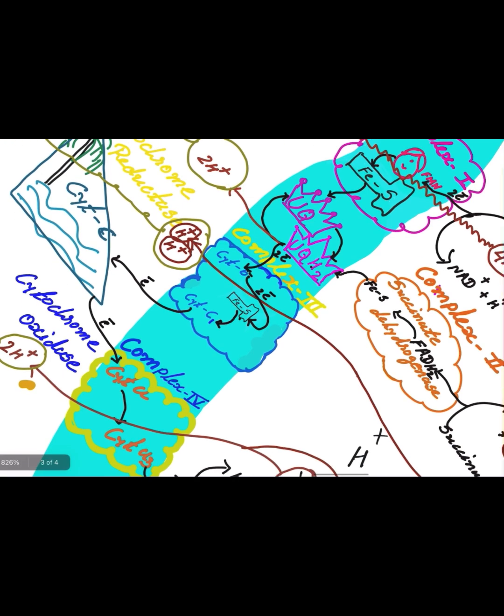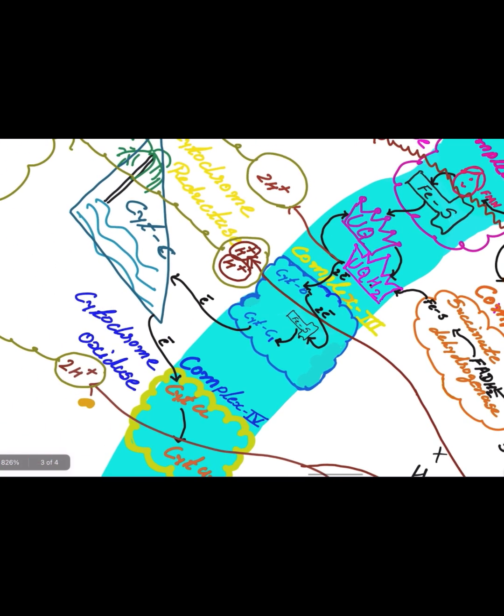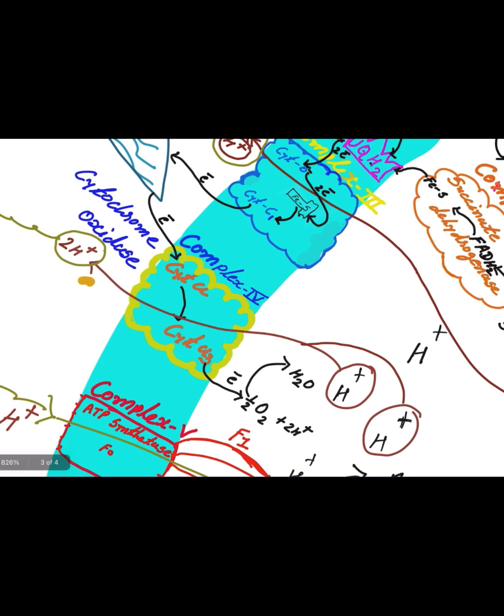Similarly, when the electrons pass through complex 3, again 2 hydrogen ions are passed from the matrix to the intermembrane space. Finally, during the passing of electrons through complex 4, again 2H plus ions pass across the inner membrane and move to the intermembrane space.